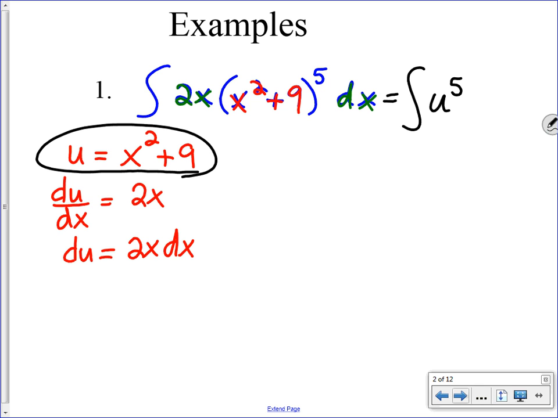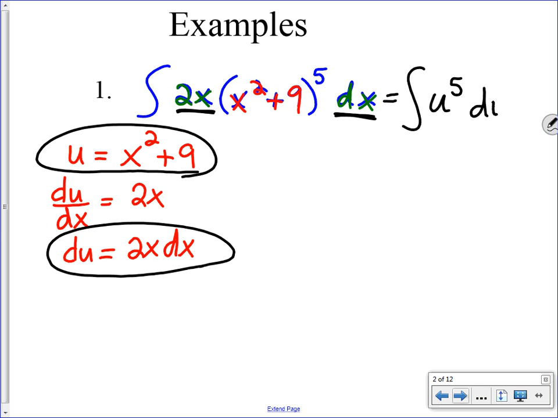And then the 2x dx gets replaced with du because they are equal to each other. So usually when you're replacing with u and du, it's going to get a lot simpler. Notice this just became the integral of u to the 5th du.